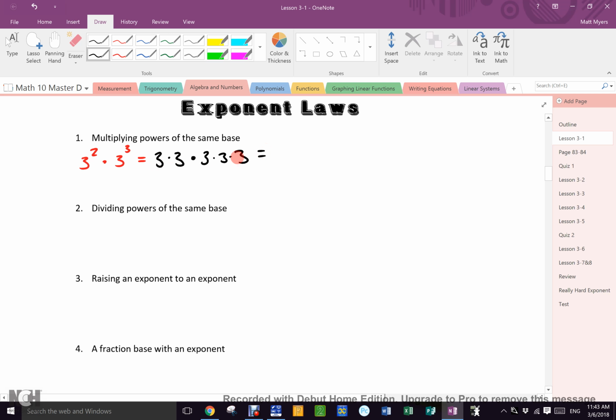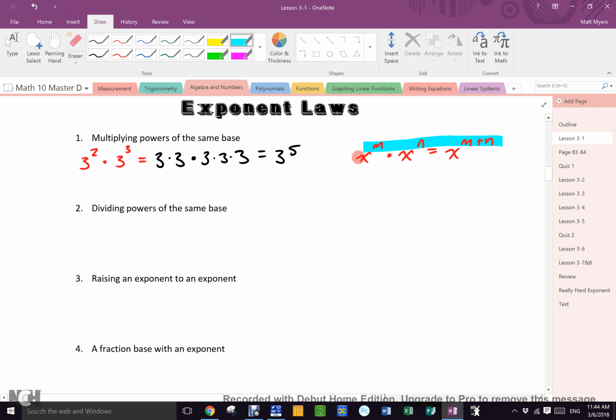How many 3's do you have? 5. Math people are lazy. We don't like to write 3 times 3 times 3 times 3 times 3. So we write 3 to the 5th when we have computers that work. The rule, again, that you already know is if you have some base x to some exponent m, and you multiply it by the same base to another exponent n, the answer is that same base to the m plus n.